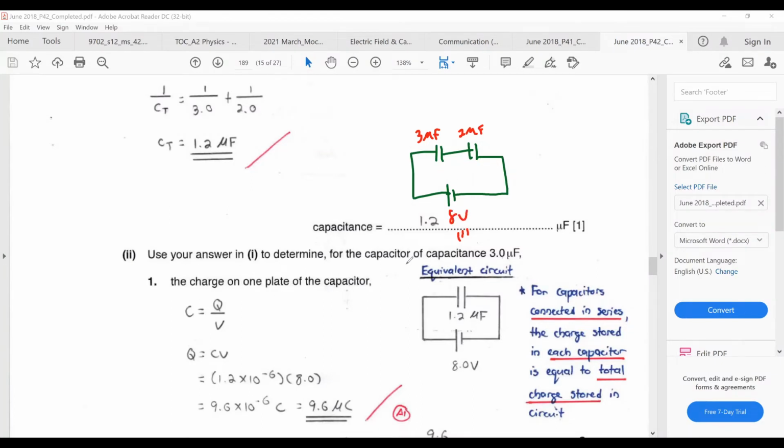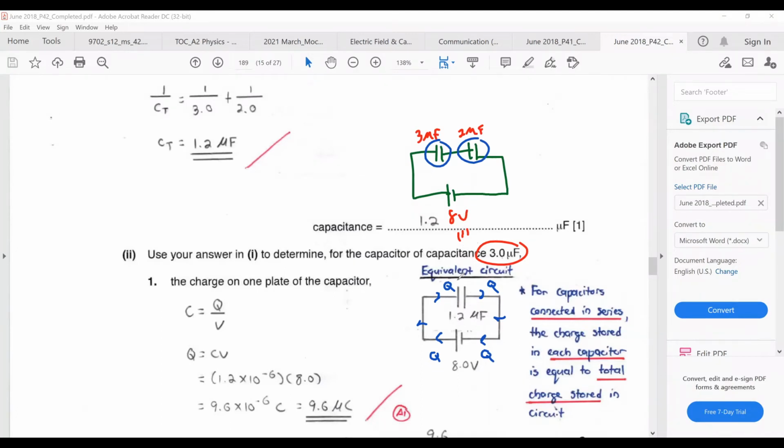Now the question asks what is the charge on one plate of the 3 microfarad capacitor. You will realize that if you simplify this to a single equivalent circuit, whatever charge is stored on your resulting capacitor is actually the same charge flowing through here as well as here.